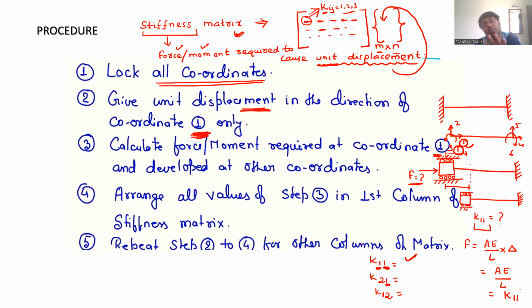That may be in the form of rotation or displacement or deflection. So K21 represents if I want to produce unit displacement along coordinate 1, then what amount of force I want to give to the given structure along coordinate 2.